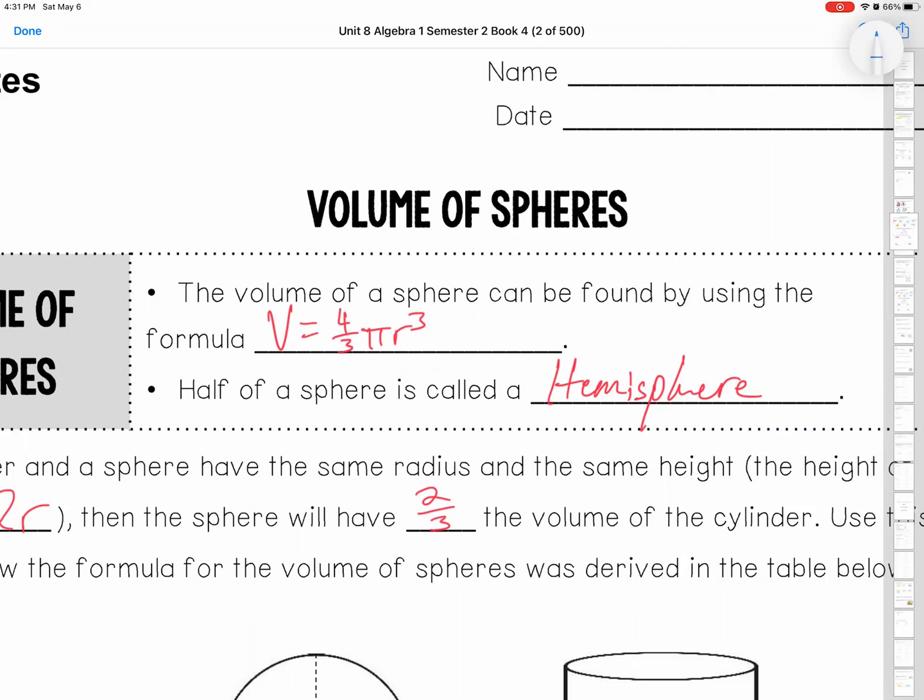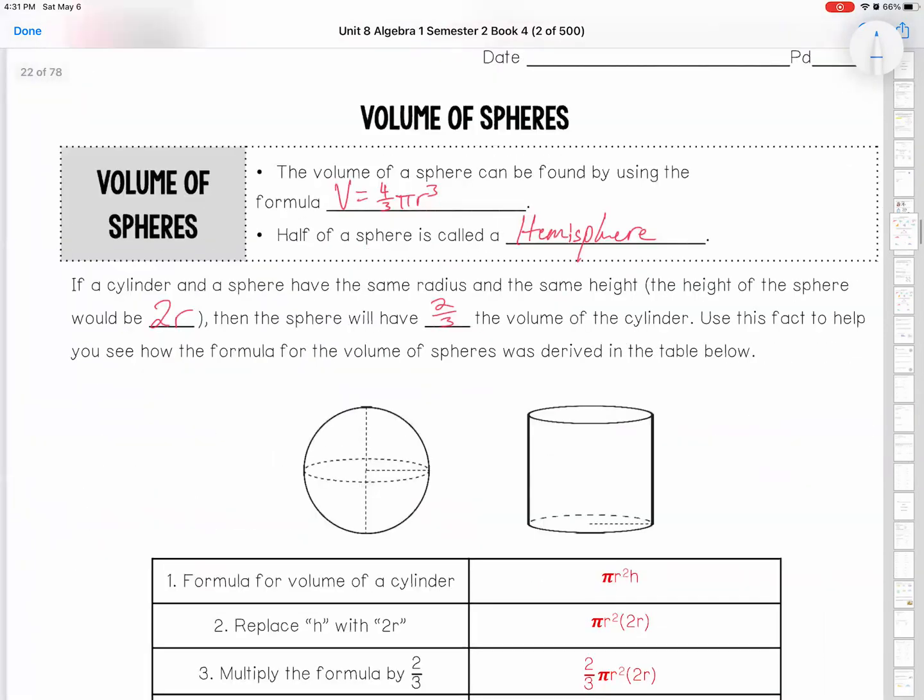All right. And so how we actually come across this is if you have a cylinder and a sphere and they happen to have the exact same radius and the same height, so very special circumstances for this to occur, but this is what forms the sphere. Then they would have 2 times the radius. So imagine here's your cylinder and it's got some height to it.